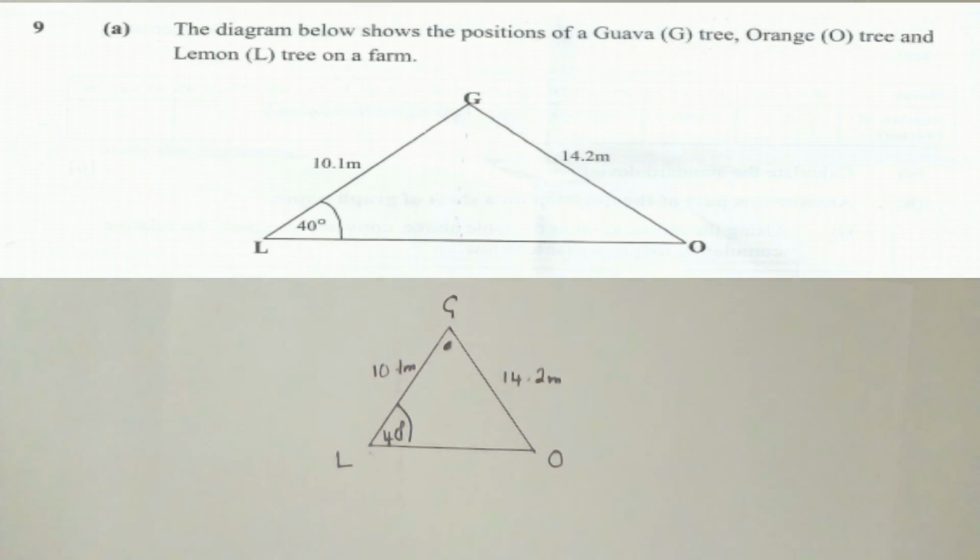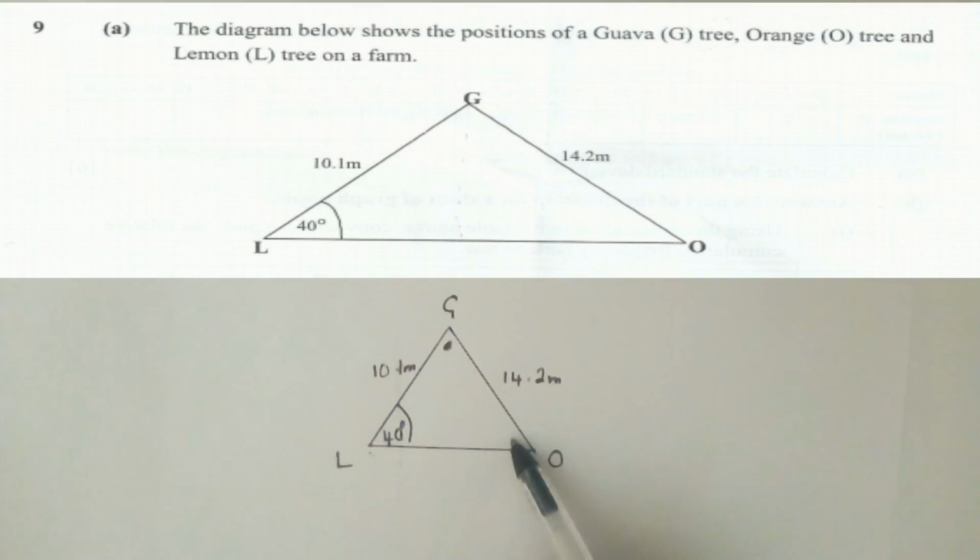How can we calculate this angle? Which rule are we supposed to use? Sine rule or cosine rule? In this case, we can use the sine rule. Reason being, this angle, the corresponding side is this one, and then this angle, the corresponding side is this one. So sine rule can work. We find this angle.